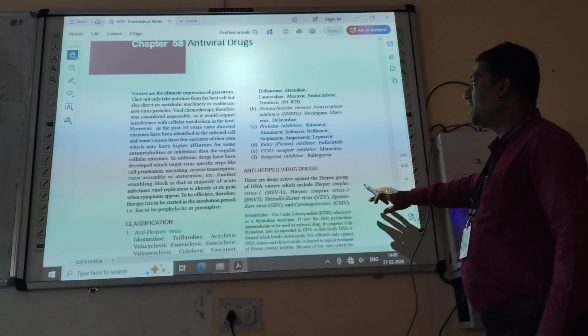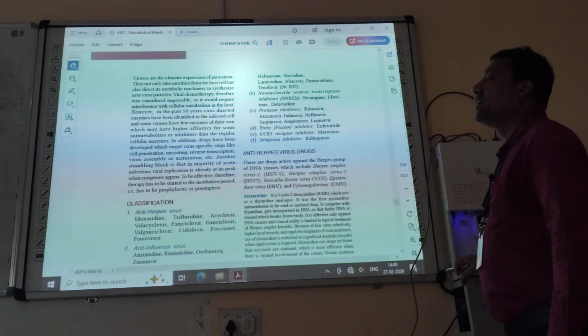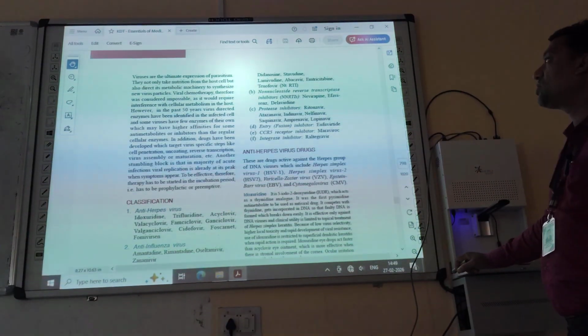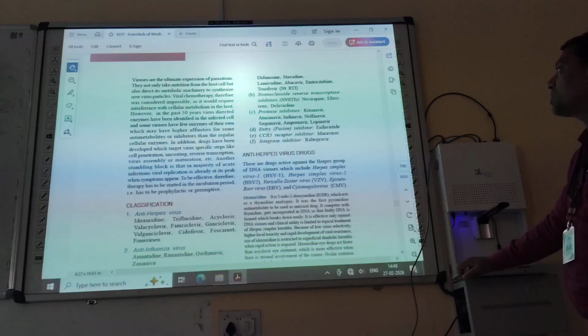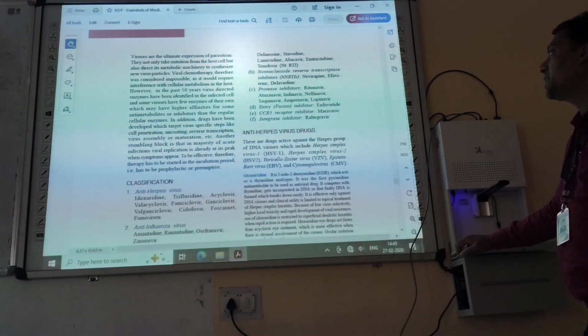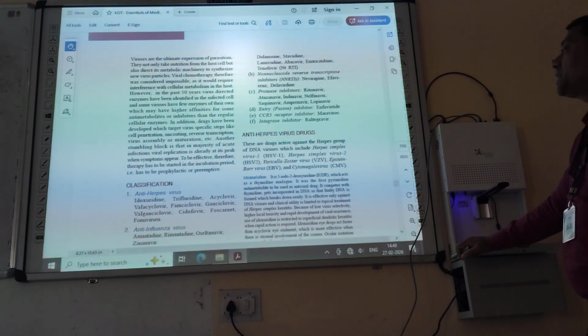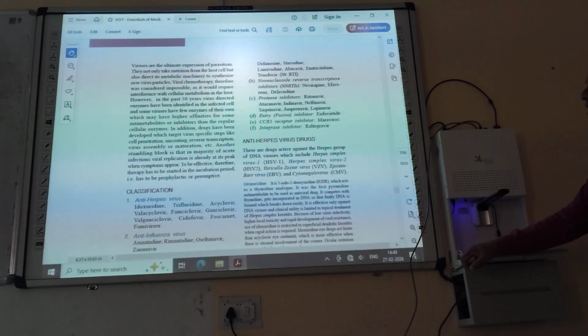Then number C is protease inhibitors. The examples are ritonavir, indinavir, saquinavir.